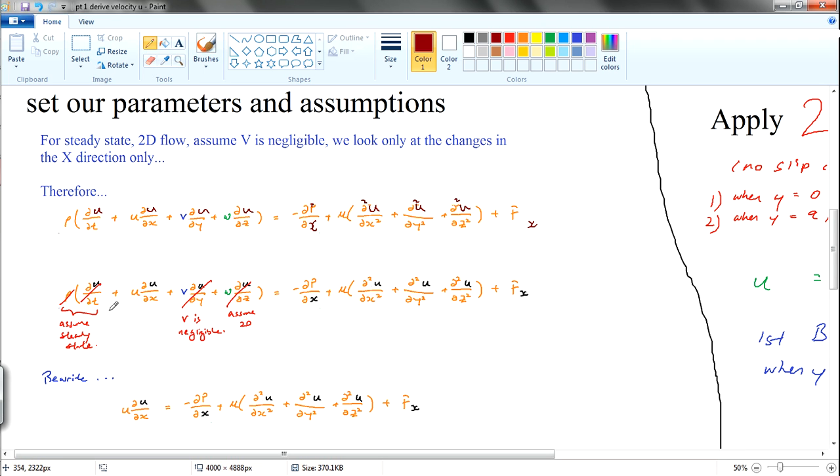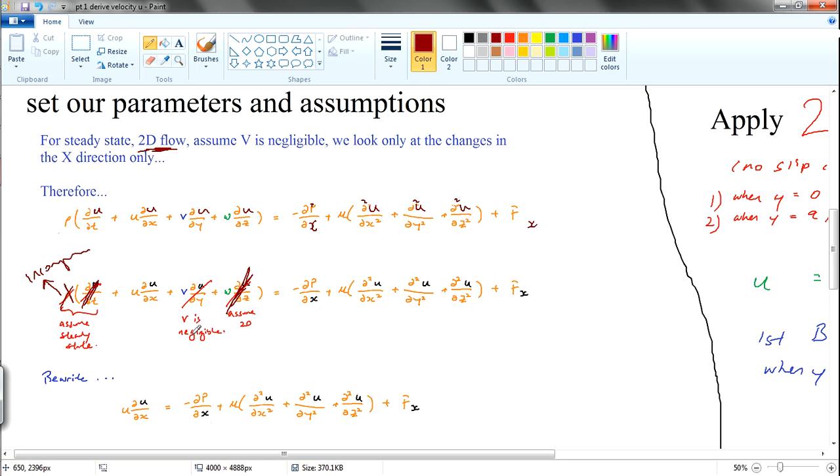And then we assume steady state. So steady state wise, time doesn't change, so it's negligible. And then we also assume that it is incompressible, so we can also cancel this one. And also V is negligible. And then we are talking about 2D flow, so the Z direction is cancelled.